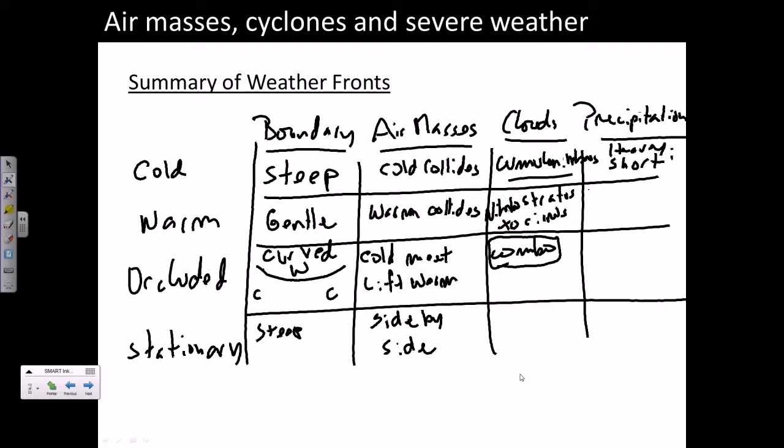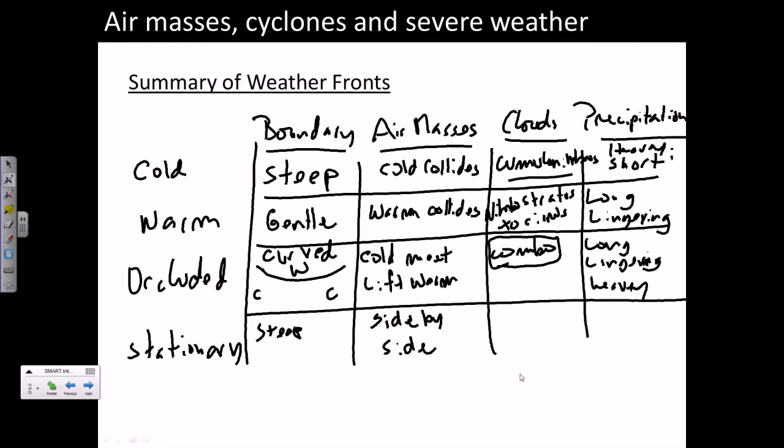For warm fronts, you end up with long and lingering rain and precipitation. And for the occluded front, it's long and lingering and typically pretty heavy, because you have a mixture of both your cold and your warm fronts.